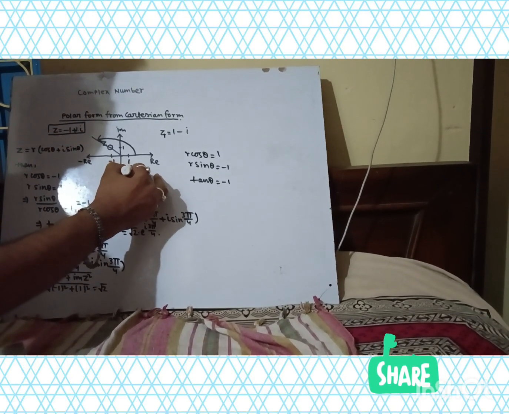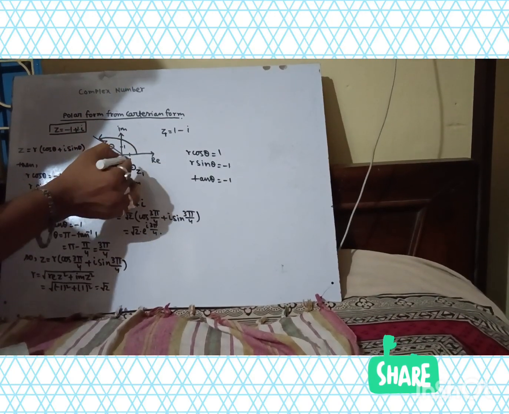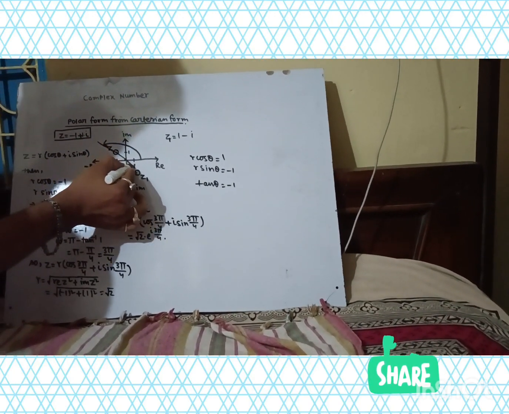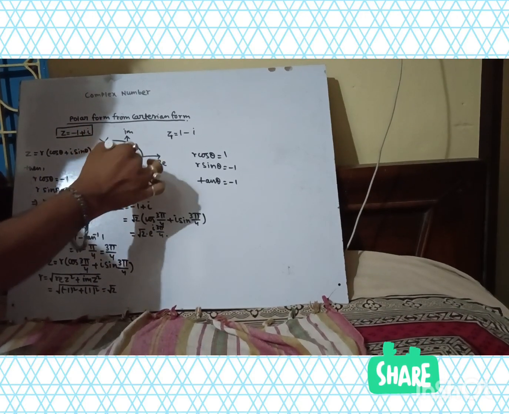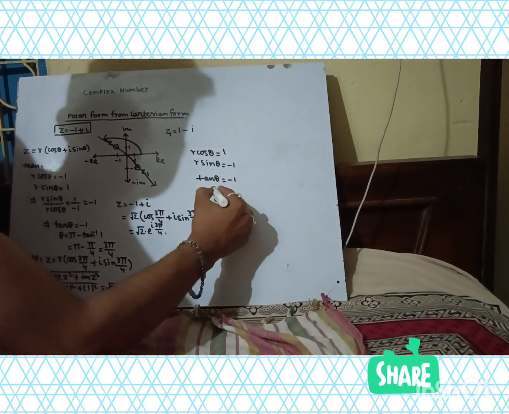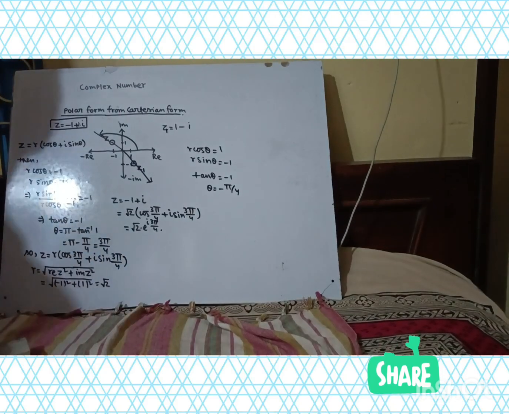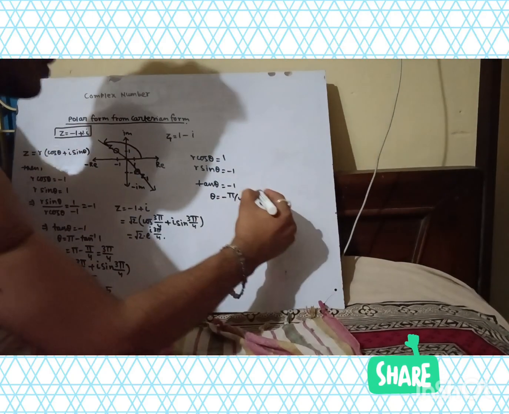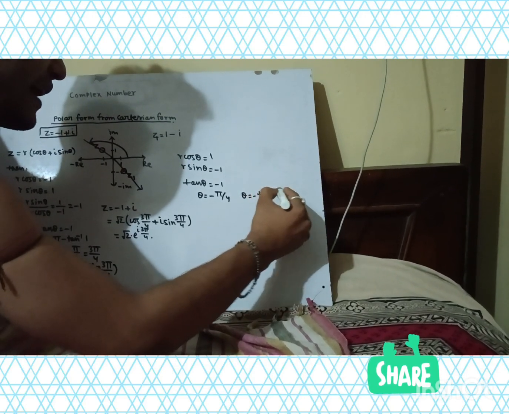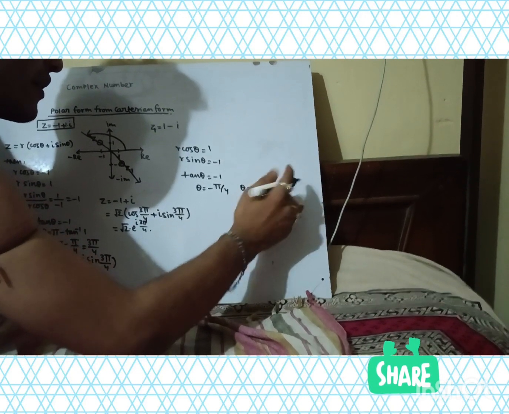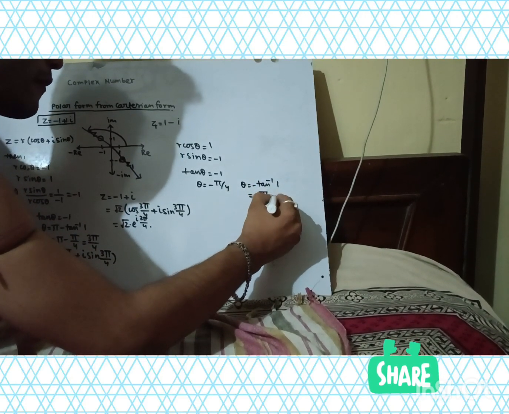So here is the position of z1. So here the angle will be in the fourth quadrant, theta is equal to minus tan inverse 1. Theta is equal to minus pi by 4.